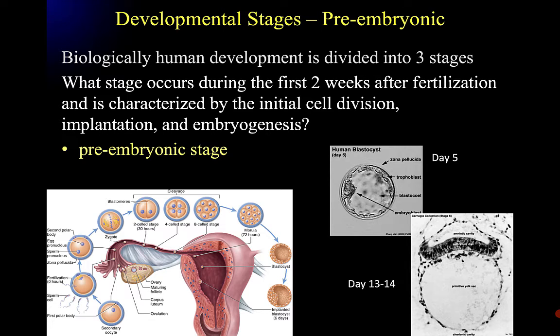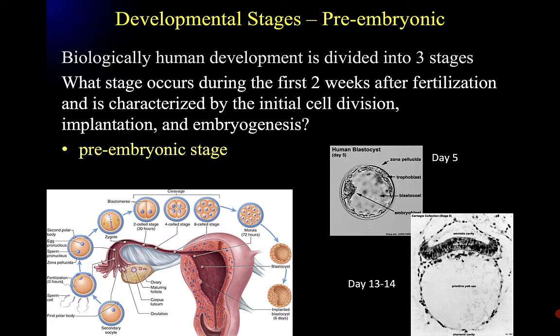So in the pre-embryonic stage, we don't yet have an embryo. It's going to be during roughly the first 2 weeks after fertilization. And of course, this is going to be largely focused on the initial cell division and some following up dividing of the cells, and ending in this process of implantation.